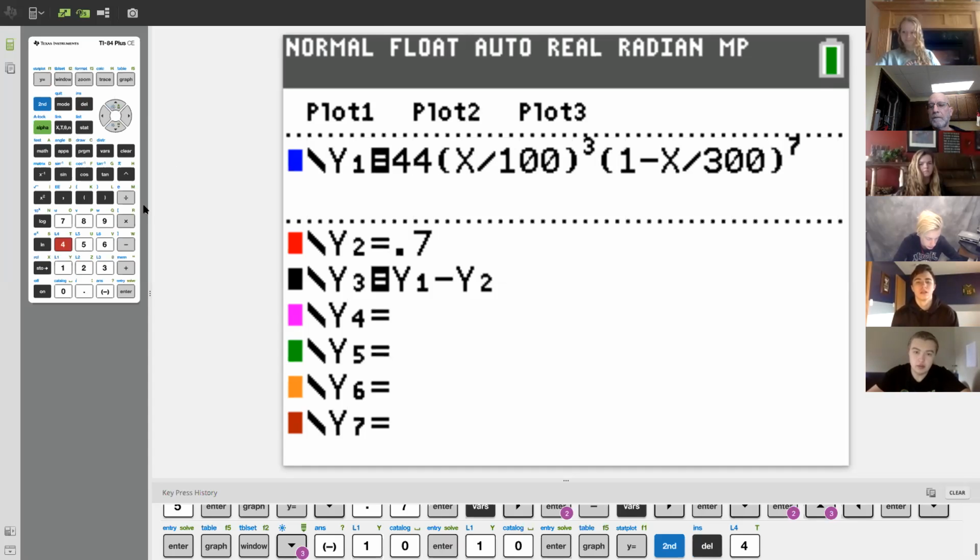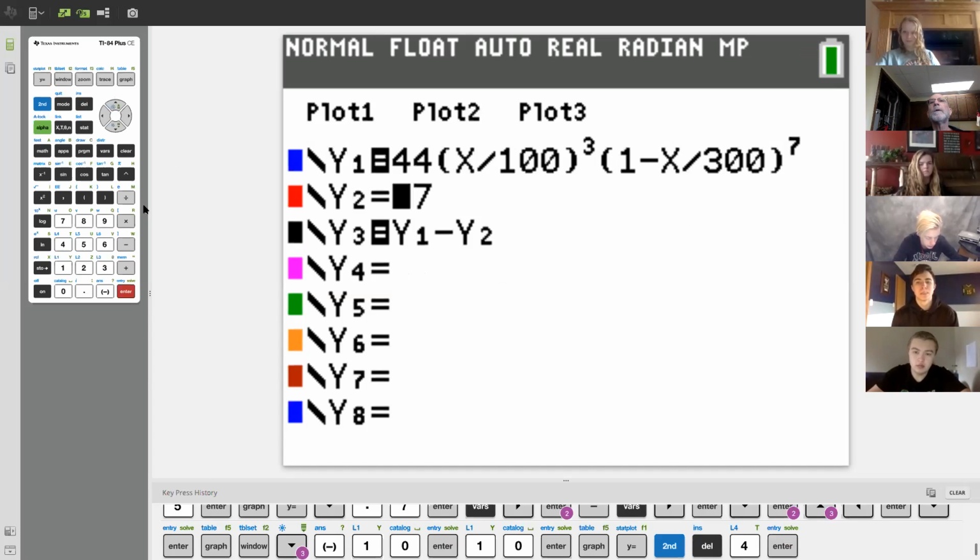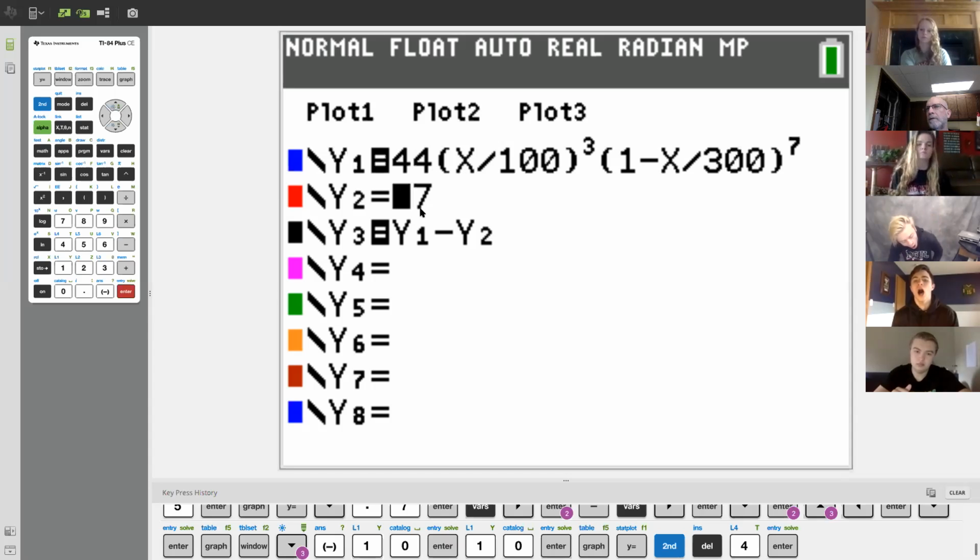And should you have a 0.7 or a 0.7x for y2? Well, both of those are rates, correct? Yeah. This is a rate and this is a rate. For every x, aren't I subtracting 0.7? Yeah. So shouldn't there be an x after that?